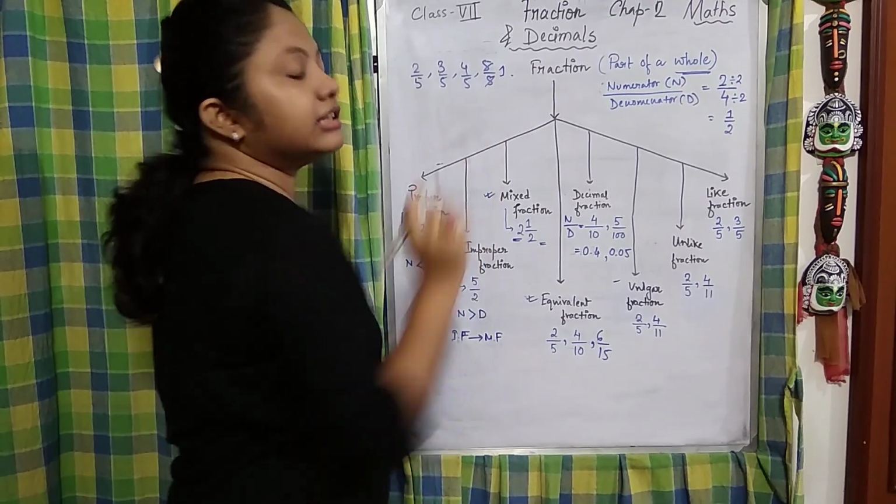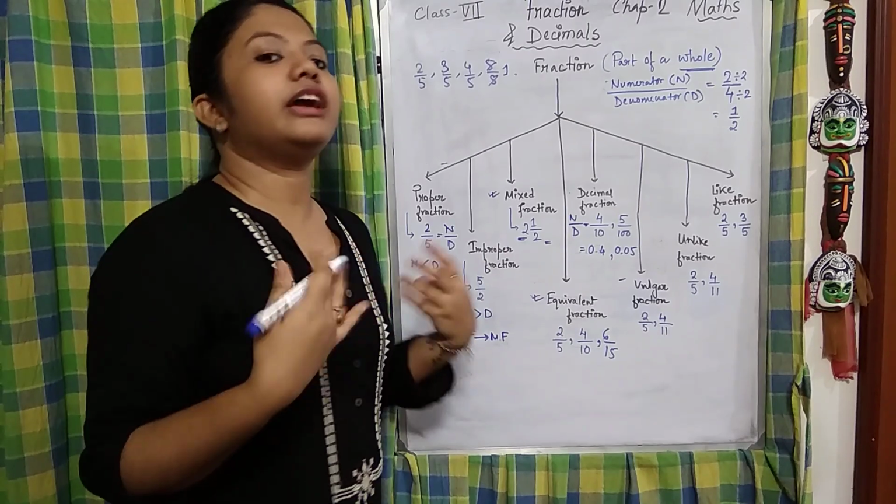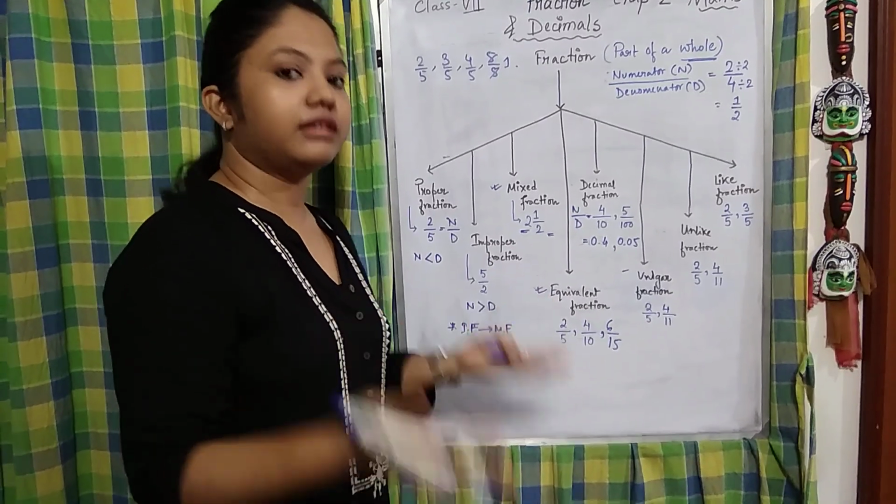So all these are the like fractions. Got it? And the unlike fractions are anything other than the like fractions.